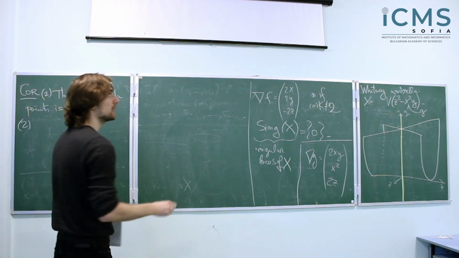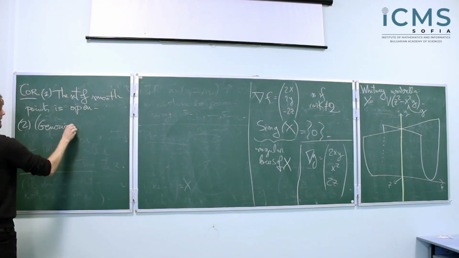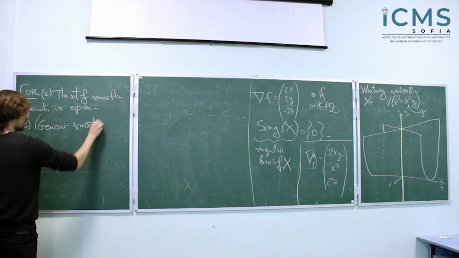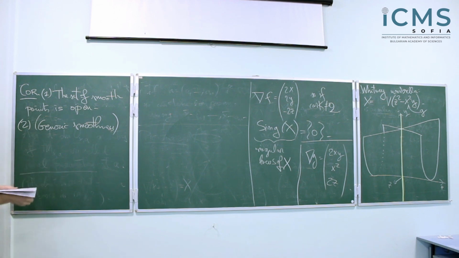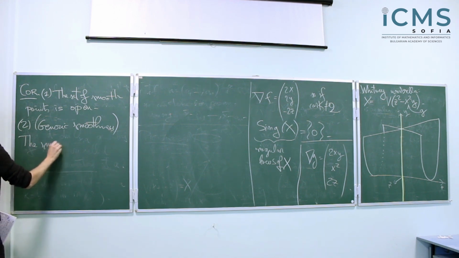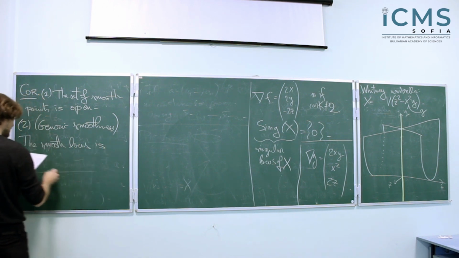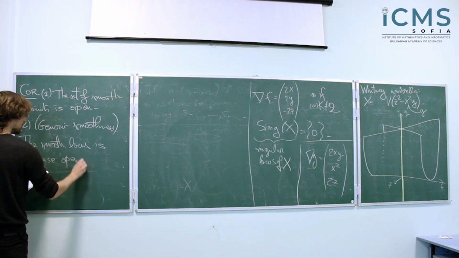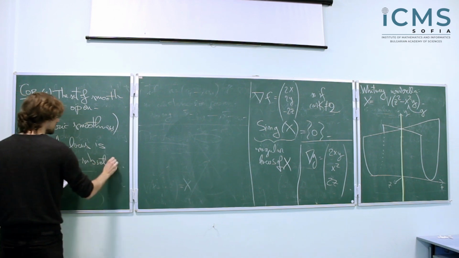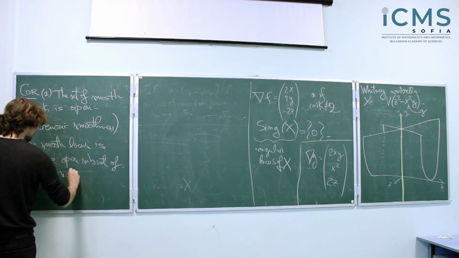The second statement is a little bit more difficult. It's called generic smoothness. It says the following thing. It says that the smooth locus is a dense open subset of our irreducible variety.